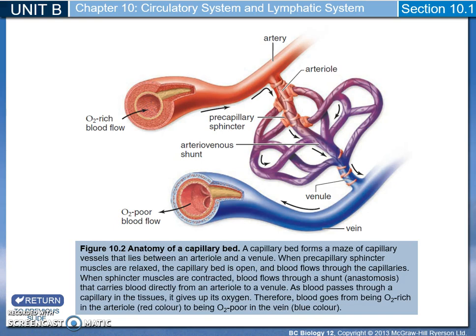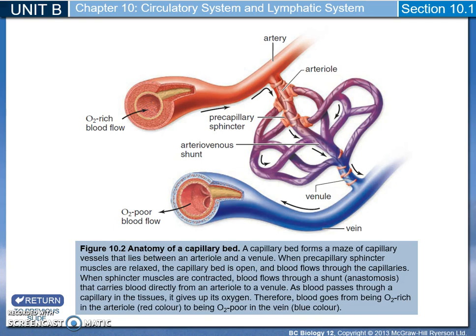So here you can see a diagrammatic representation of that. You can see that from the artery, you have branches, which are the arterioles. And the arterioles would be connected to a capillary bed. And you have a precapillary sphincter, which is either open or closed.